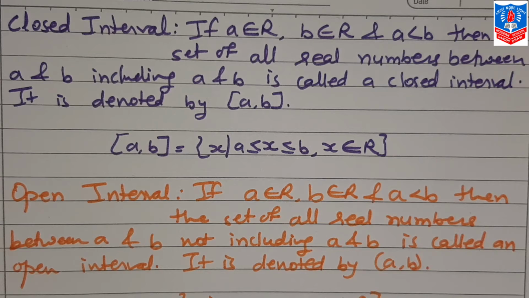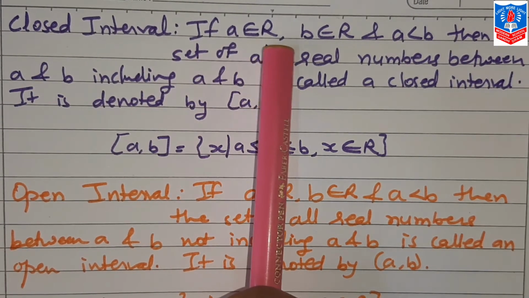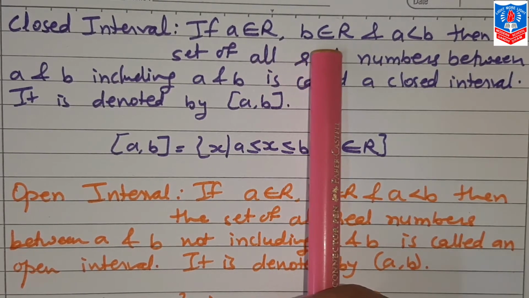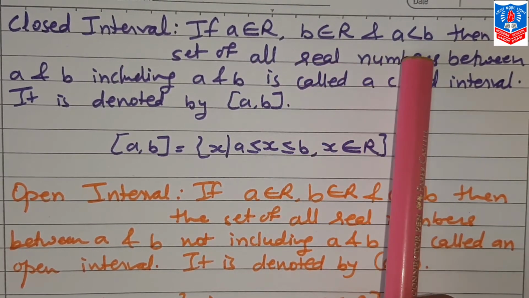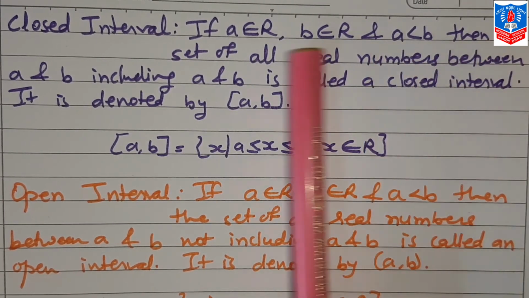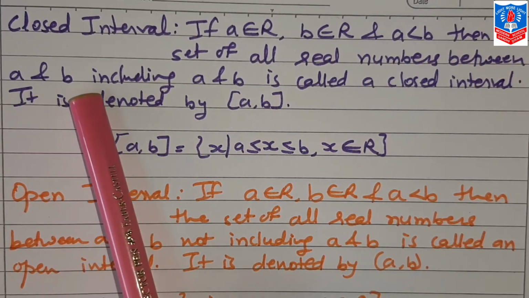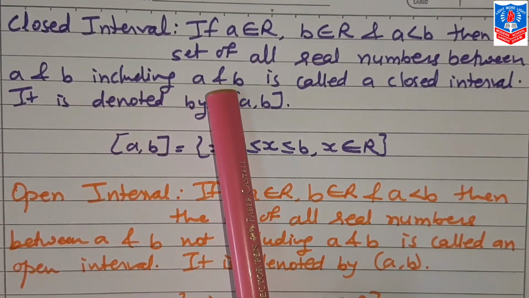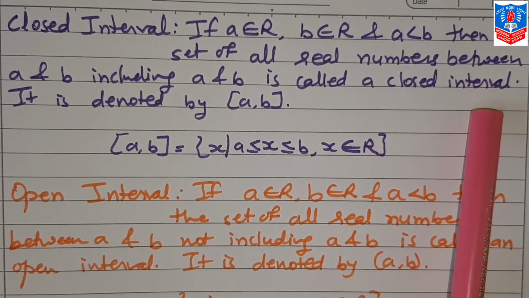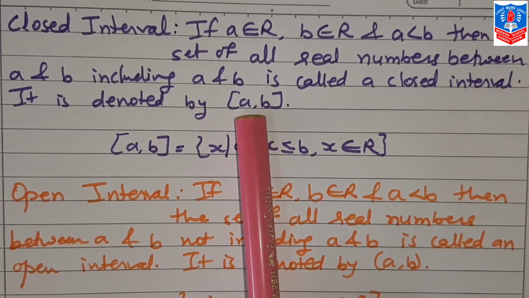Now in that first is, that is closed interval. If a belongs to R, that is real numbers, and b belongs to R, and value of a is less than b, then the set of all real numbers between a and b, including a and b, that is called a closed interval, which is denoted by [a, b] with big bracket.